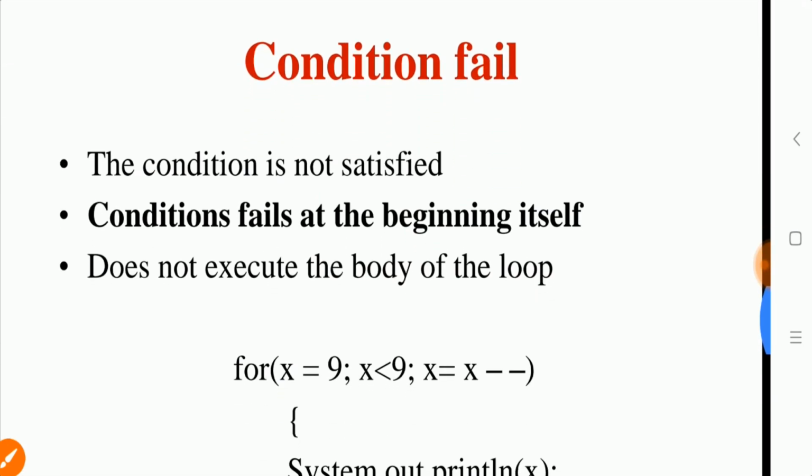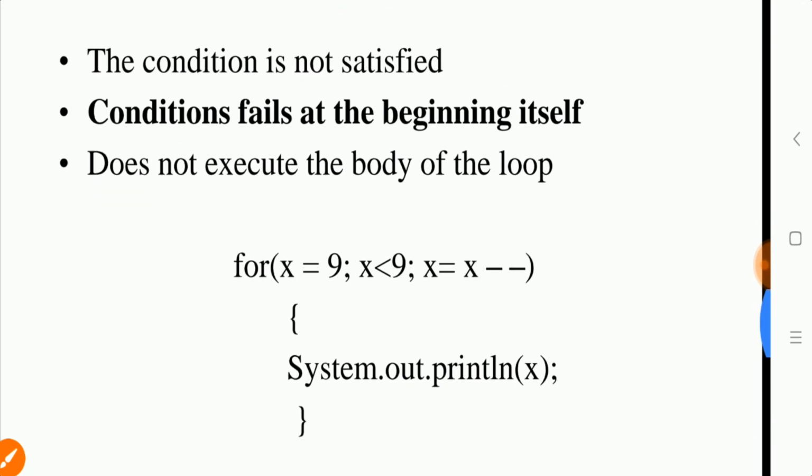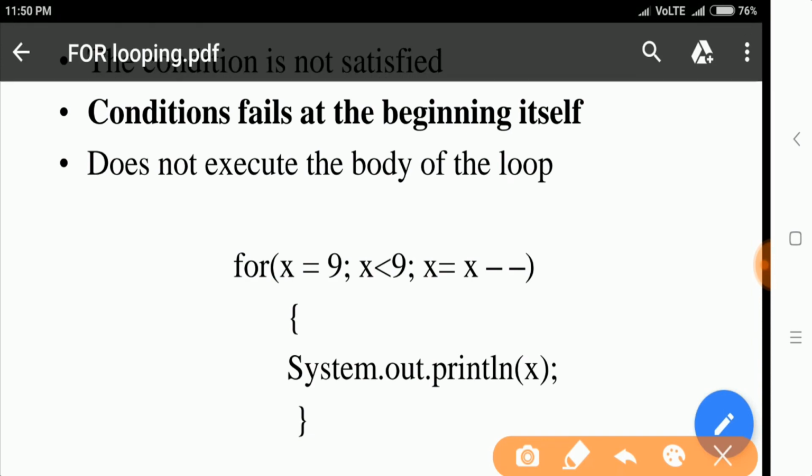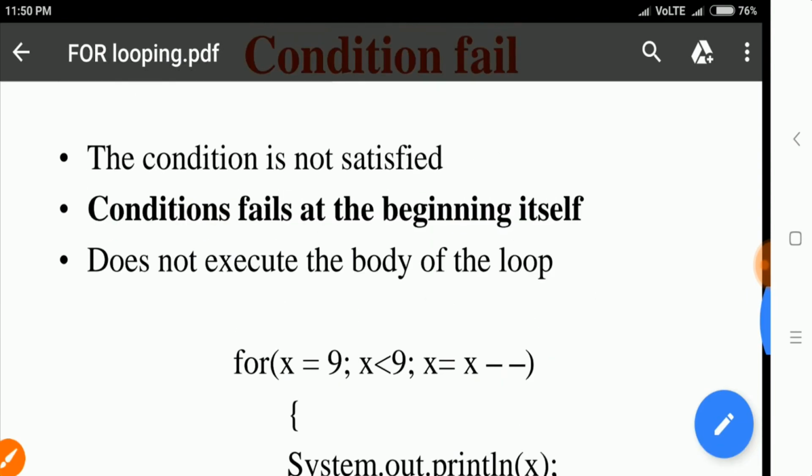Next we have failing of condition. Sometimes the condition fails at the beginning. Let's look into the example first. x begins with 9 and the test condition is x less than 9, and we decrement the value of x. Since the initialization and the test condition are the same, the condition fails in the beginning itself.